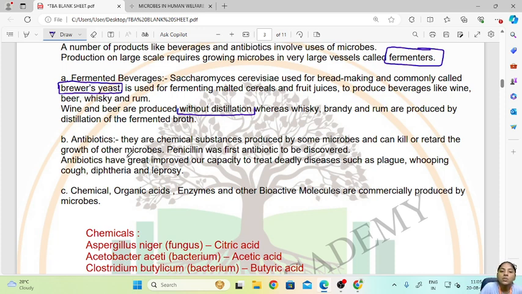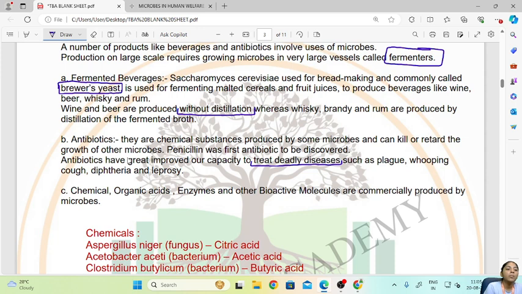Penicillin was the first antibiotic to be discovered. Antibiotics have greatly improved our capacity to treat deadly diseases such as plague, whooping cough, diphtheria and leprosy.